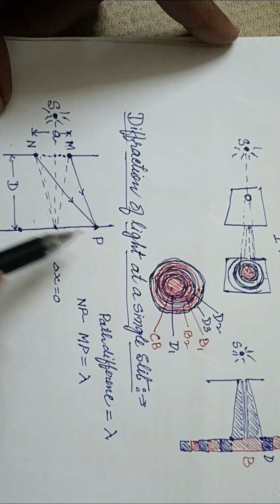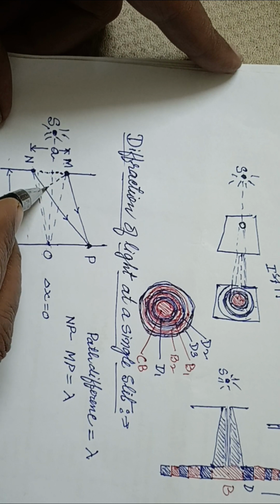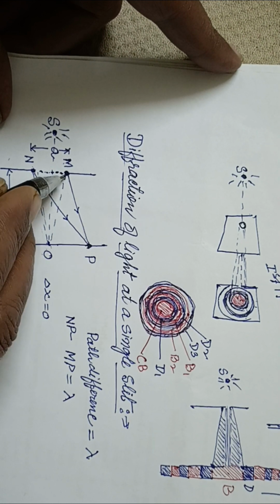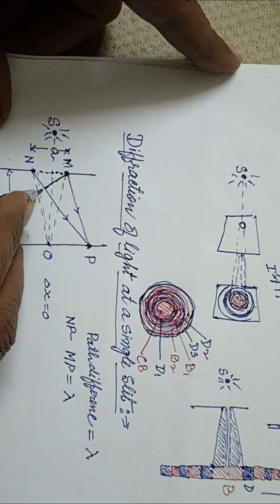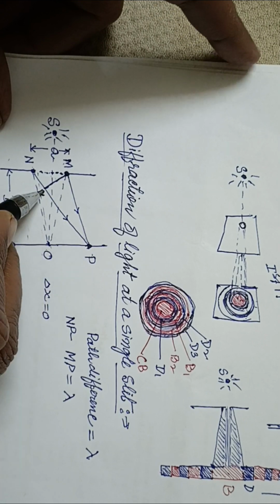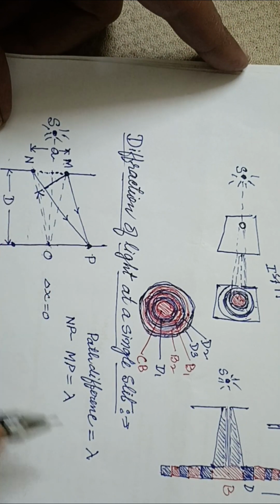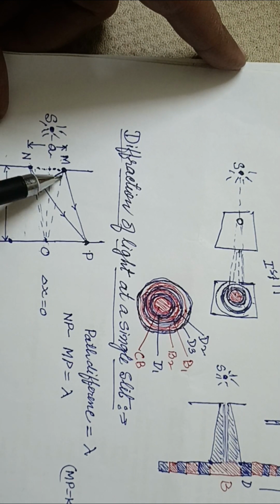We had supposed this is lambda, so we should draw a perpendicular from here. Suppose we have drawn this perpendicular and taken this point K. It means MP and KP are now equal.